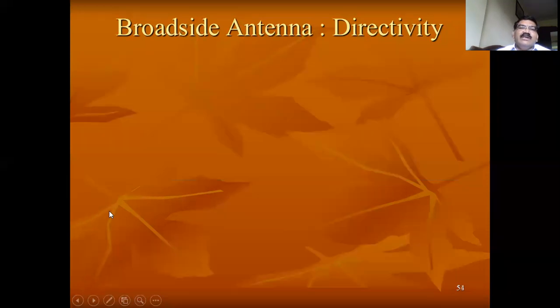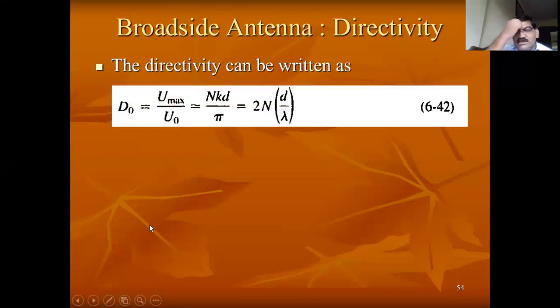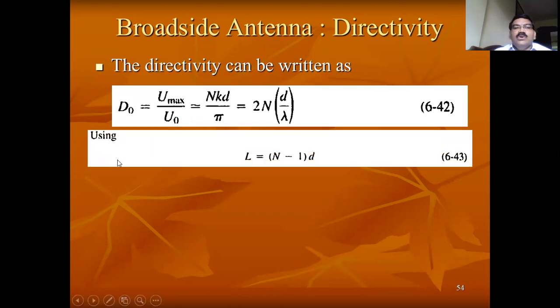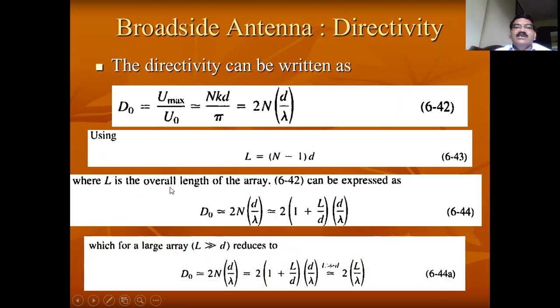This is simple mathematics. Then the directivity can be written, as we know, D0 equals U max upon U0. By using L equals (n minus 1) d, where L is the overall length of the array, it can be explained. This is what we are going for, using the dipole antenna. So D0 equals 2nd by lambda, that is 2n.